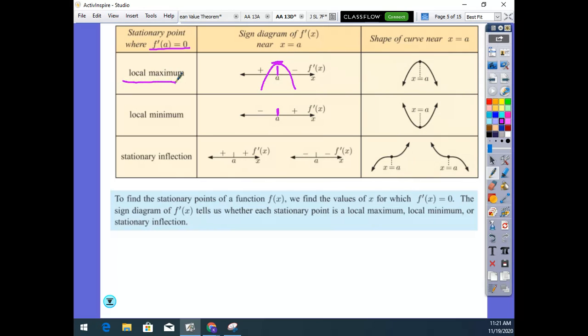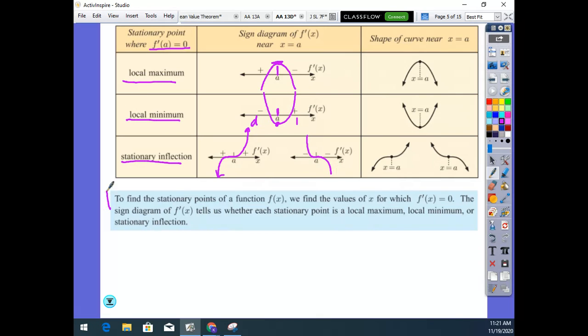It's the highest point if it goes up and then down. On here, this is decreasing, then increasing, so this point is the bottom of a hill, the local min. Then if it's increasing, increasing, it's not a max or a min, it's a stationary inflection. Decreasing, decreasing, stationary inflection.